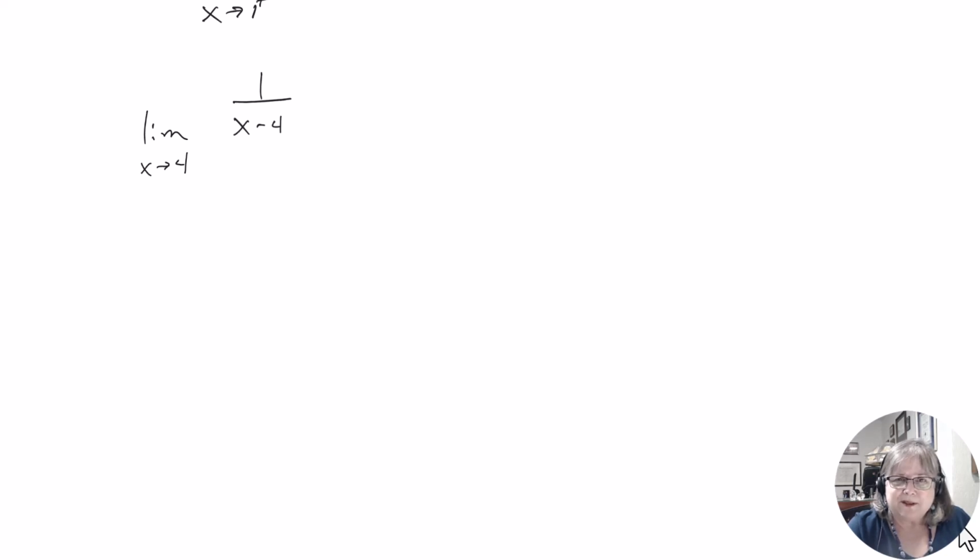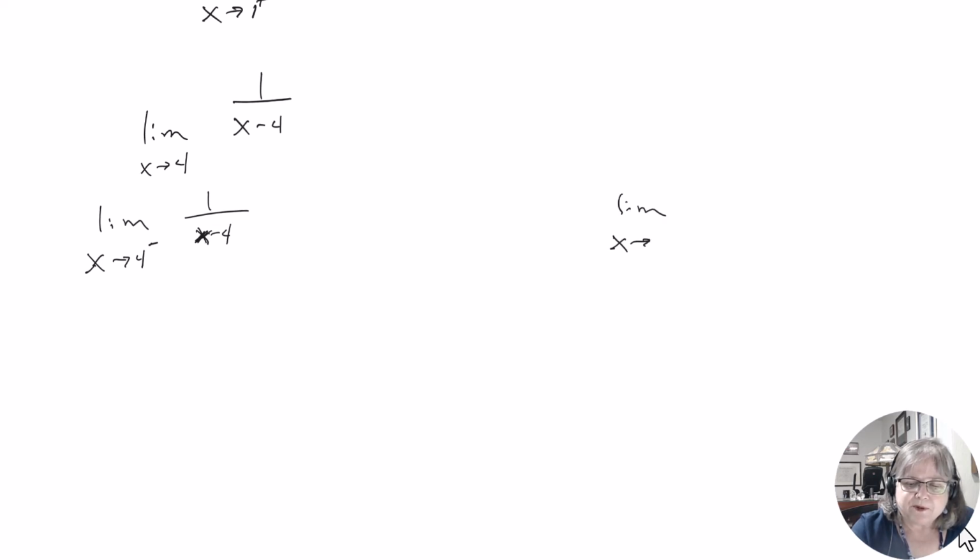So instead of just substituting the number into a transformed version, we are going to have to sneak up on it from both sides. So the limit as x approaches 4 from the left of 1 over x minus 4 is going to be equal to something. And the limit as x approaches 4 from the right is going to be equal to something. And let's see how that looks.